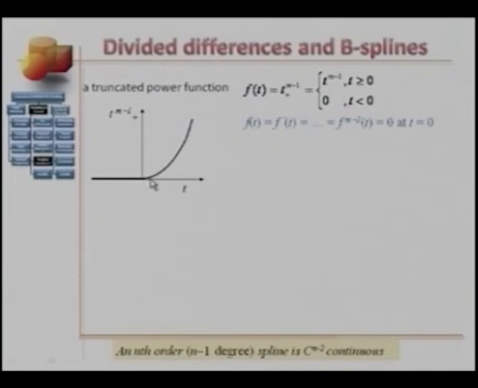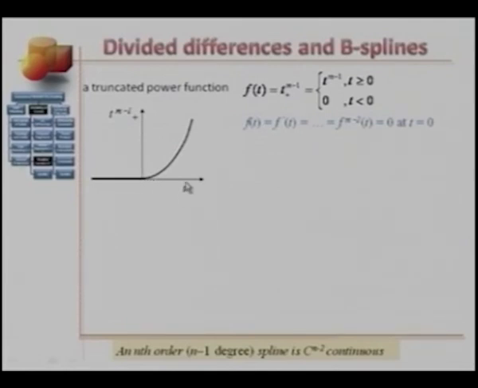How about those for the left hand side? Well, the function is 0 for negative values of t, so all these derivatives will also be 0. So you would see there is a match in the derivatives. The first, the second, the third, up to the m minus 2th derivative, they match for values of t slightly larger than 0 and for values of t slightly smaller than 0.